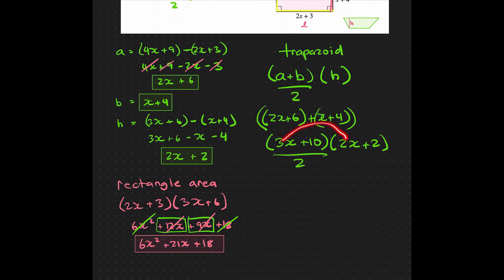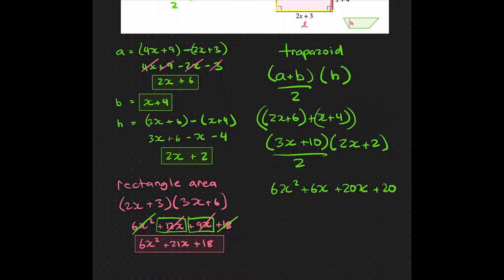First, 3x times 2x is going to give us 6x squared. Then I'm going to move to the outside ones. 3x times 2 is going to give me a positive 6x. And then I have 10 times 2x, which is going to give me a positive 20x. And finally, I have 10 times 2, which is going to give me a positive 20.